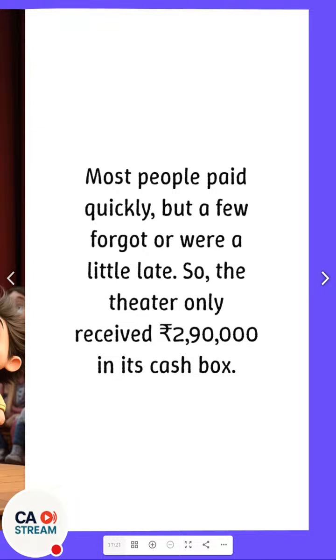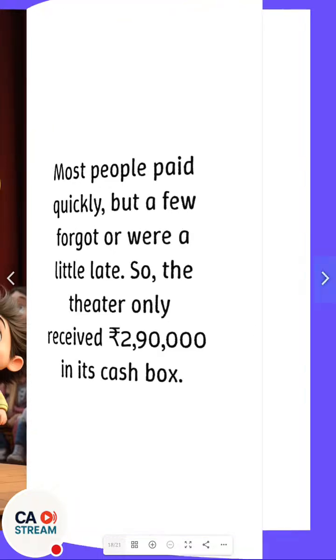Out of 6,000 shares of 100 rupees each, that is 6 lakh rupees, the company called up only 3 lakh rupees. I'm sorry, 3 lakh, not 30,000. Out of 3 lakhs, the public paid only 2,90,000 rupees. That is the paid up share capital.